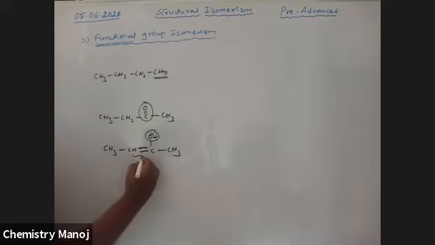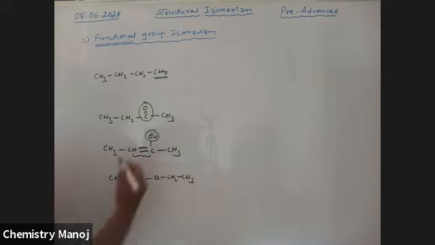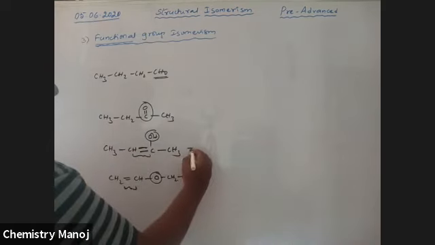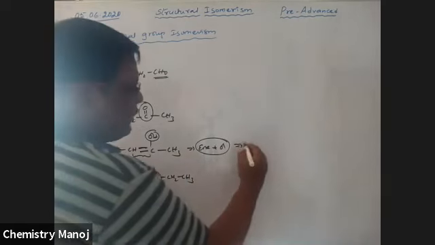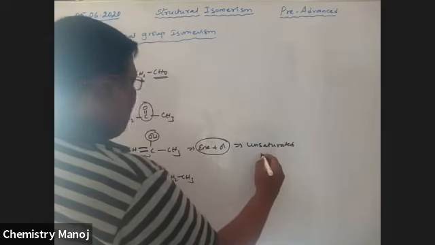Next, CH2=CH-O-CH2CH3, so this is a double bond with O. This is taken as ene plus ol. That is why it is called unsaturated alcohol.